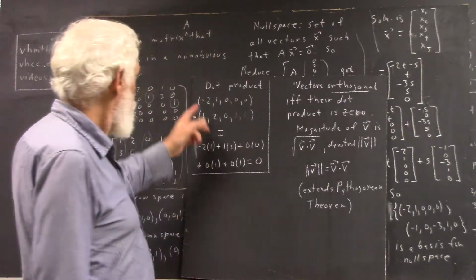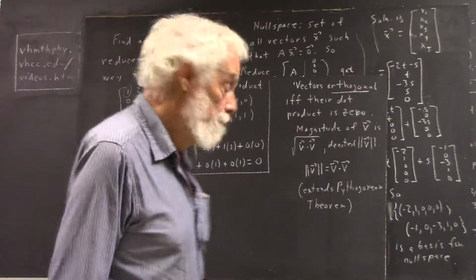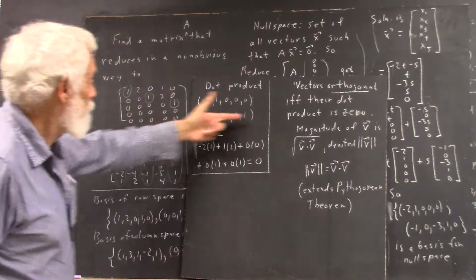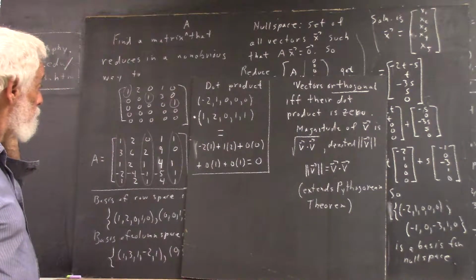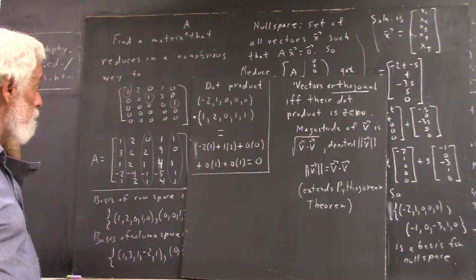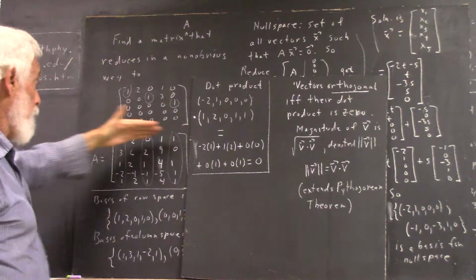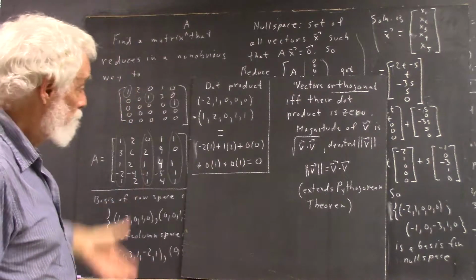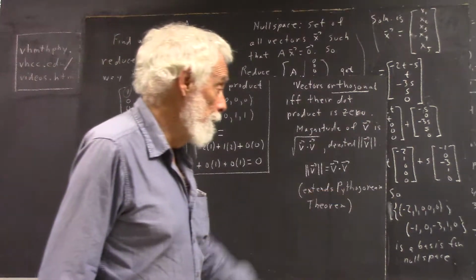Well, this vector is just this vector in the null space. And this vector is just the first row of the A matrix that we used, of which this is the basis of the null space.